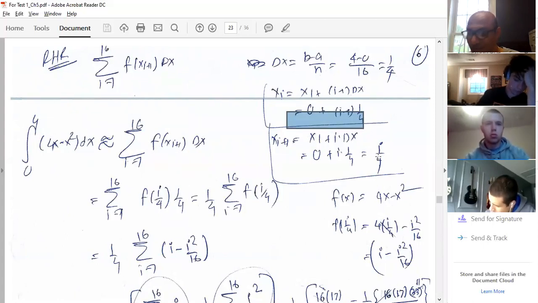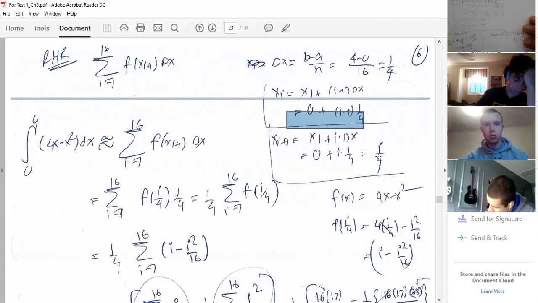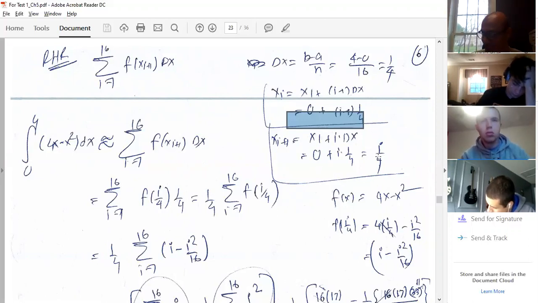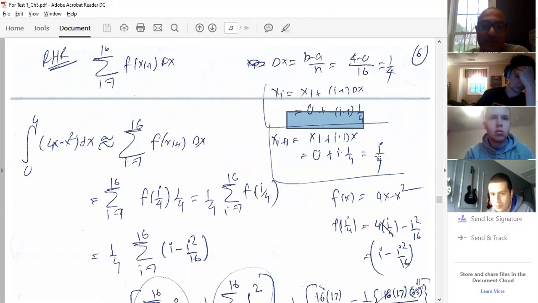Just keep this i minus i squared by 16 as it is. You can compare these two expressions; this one is way more awkward than this expression. That is the reason I told you to choose the right hand rule if you are given the choice.